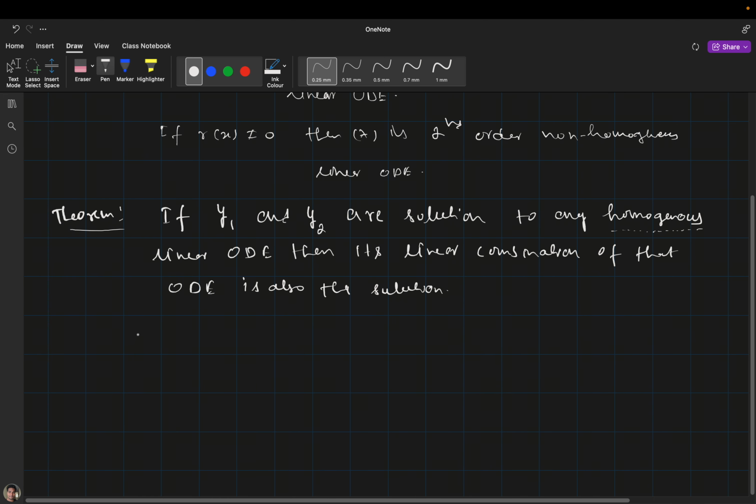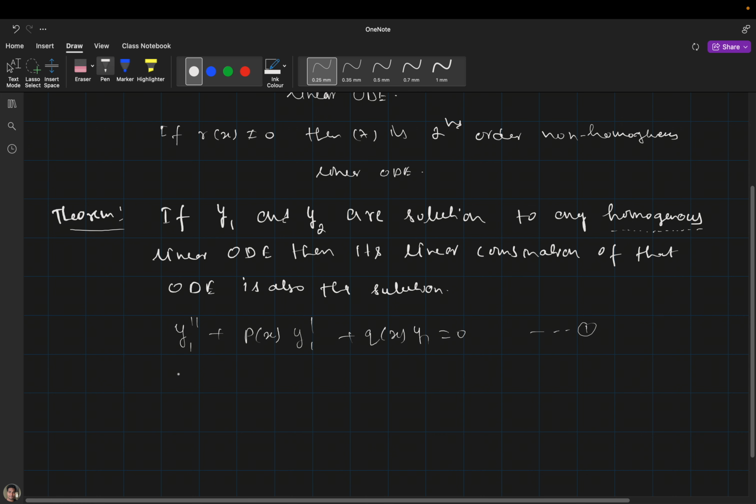Which means that suppose y1 is a solution, then I can write y1 double dash plus p of x y1 single dash plus q of x y1 equals 0. Suppose it is equation number 1.